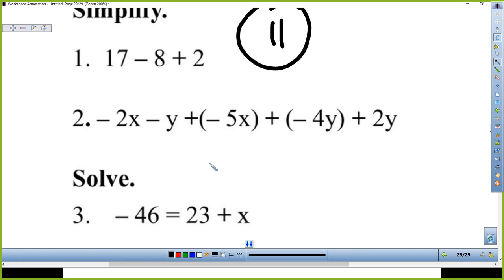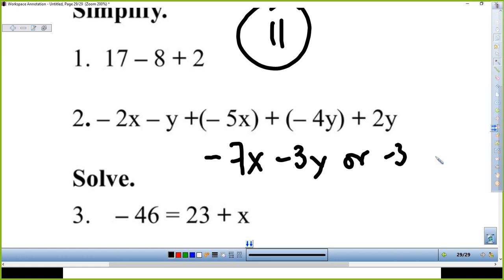Right now it doesn't matter the order, whether negative 3y minus 7x, or with a plus in between. Right now I just want to see if you got something like that. Hands if you got that? Okay, good. Pass to someone.